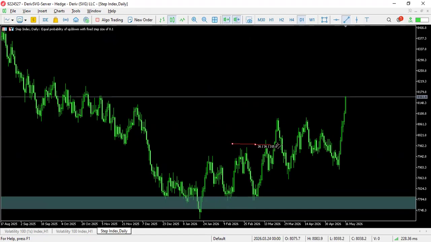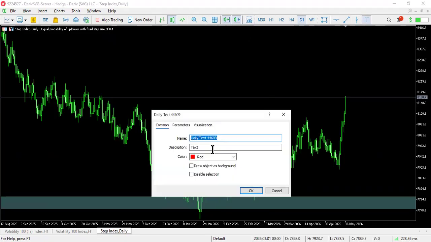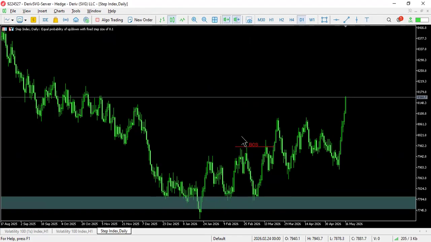I'm going to start studying the price action from here. So from there, we had a break of structure, and then price reacted at this FVG, because our order block is right there.